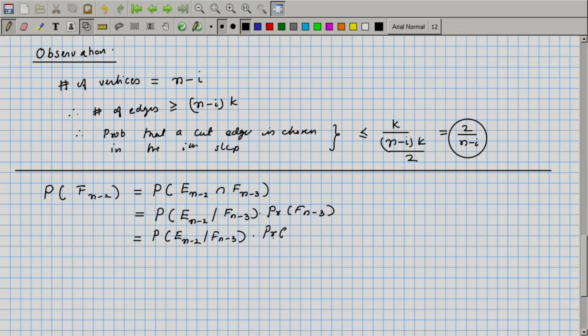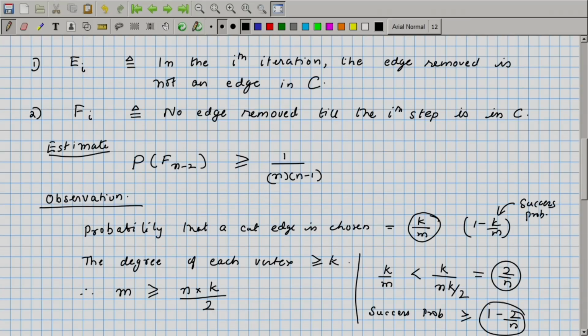We can again write this as the probability of E n minus 3 given F n minus 4 into F n minus 4, which we can write as the probability of E n minus 4 given F n minus 5, and all the way up to the probability of E 1. E 1 and F 1 are the same events, and their probability we know is going to be bounded by 1 minus 2 by n.